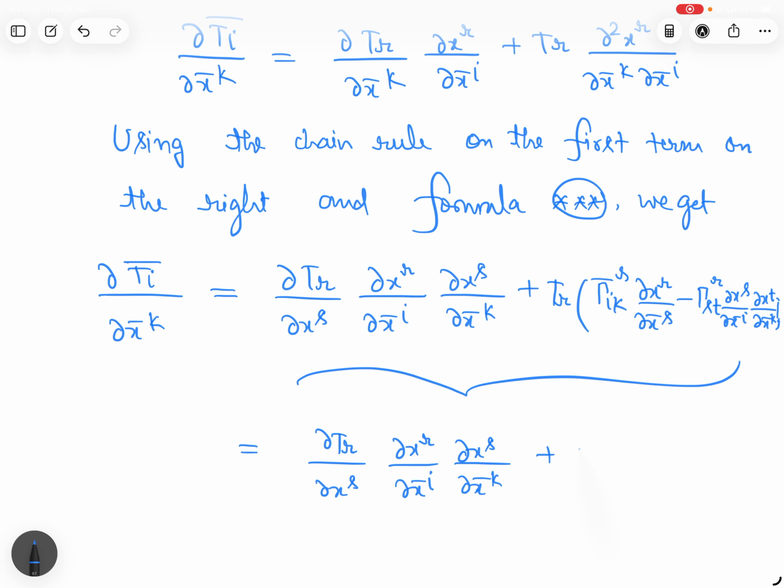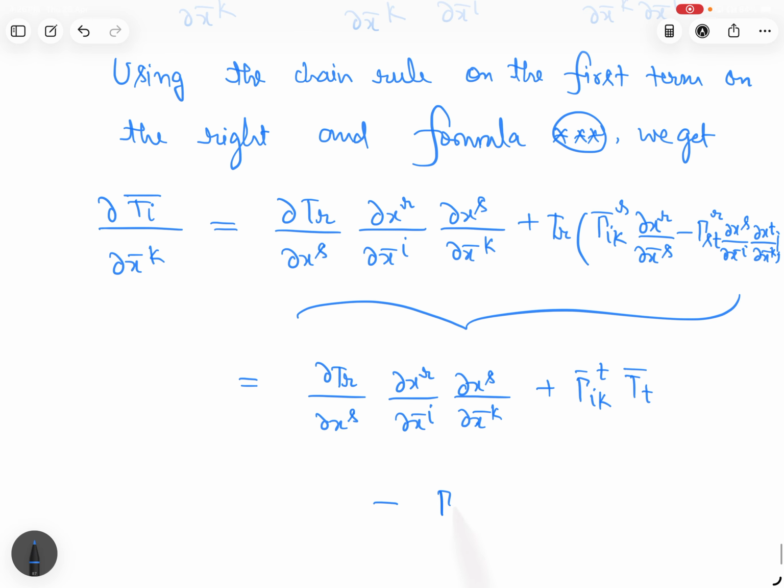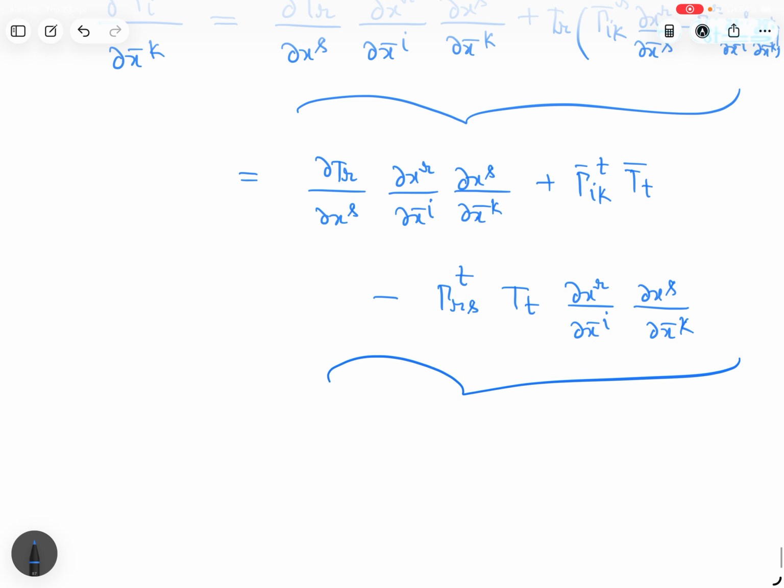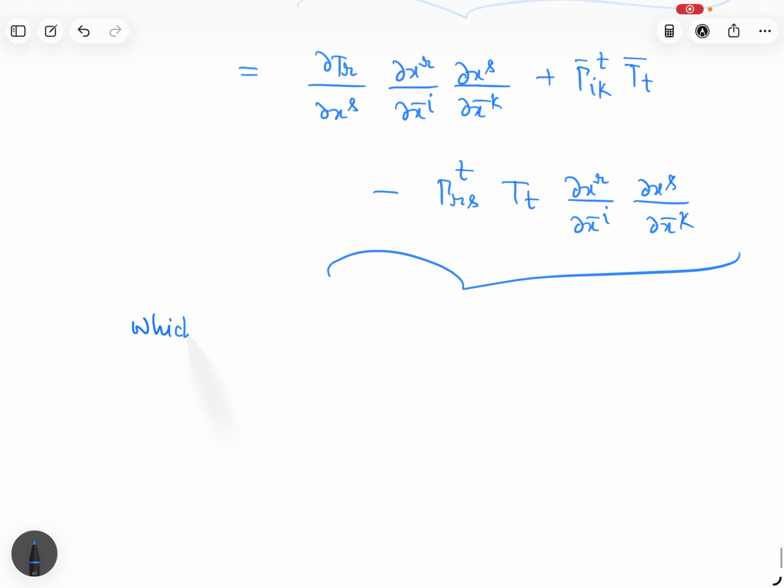This implies that this is a tensor because it satisfies the tensor property. This is a tensor, okay.